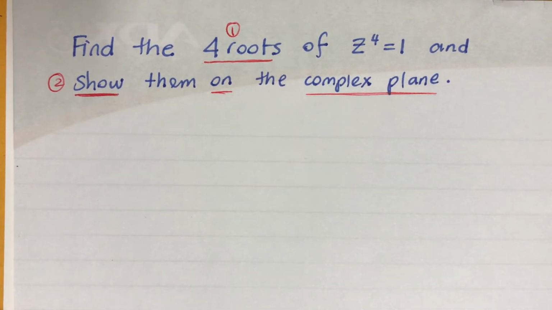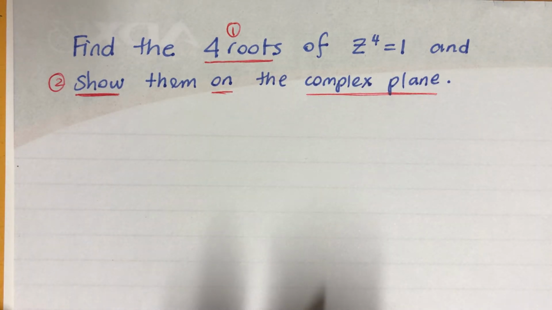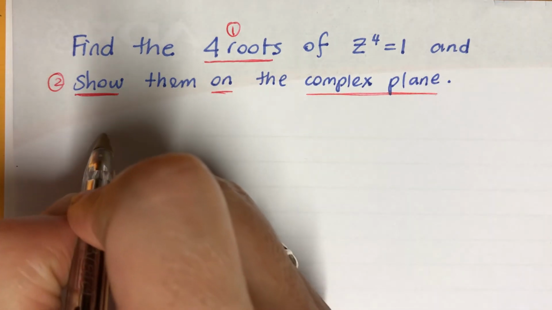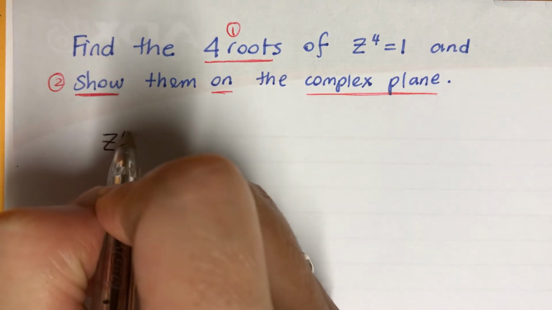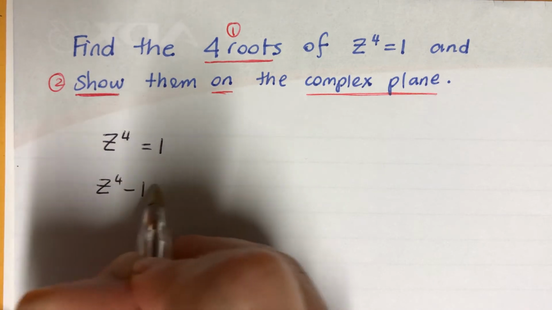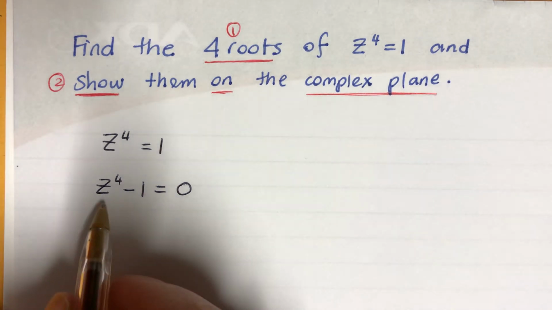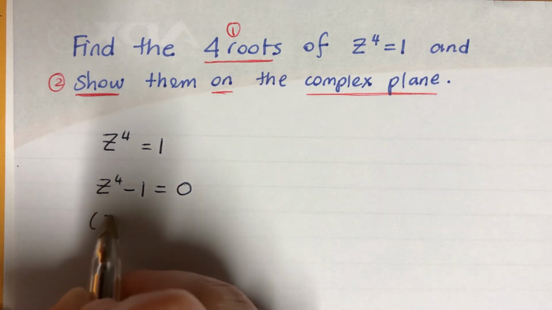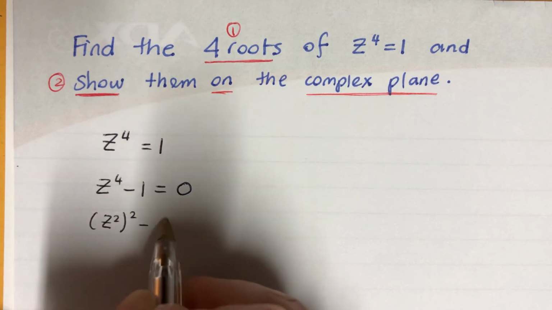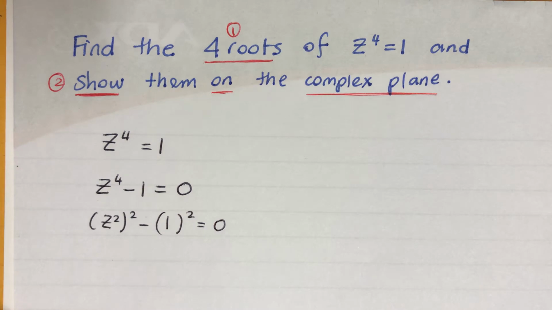Okay, all right, let's have a look at the first one. So we're going to find the 4 roots. z to the power of 4 equals 1. I'm going to move this one to the other side, making it into 0, so it's sort of like standard general form. And that looks like a difference of 2 squares, isn't it?